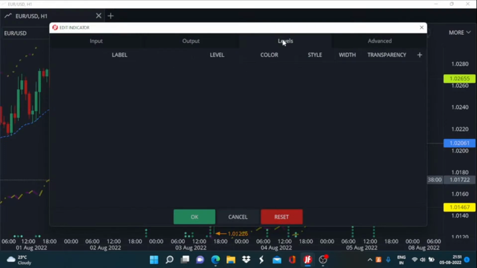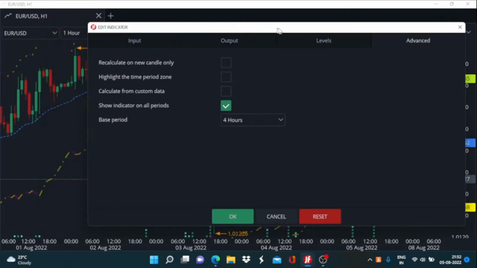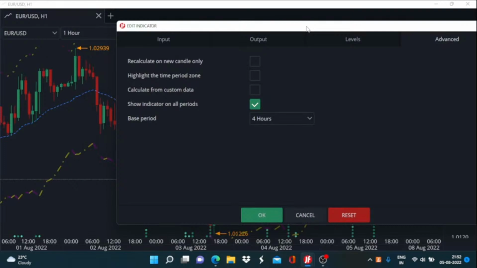Let us consider what are the options available on the levels. Levels, we don't really have many options. Then advanced, recalculate on new candle only. If we want the output value of the upper band, lower band and the middle band to remain constant for the given candle period, then we have to opt for this option.